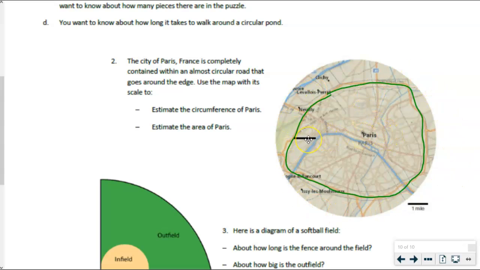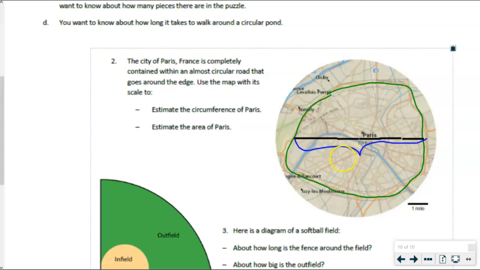For example, how many of these does it take to go all the way through to the other side? Notice I'm not going from edge to edge of the image, I'm going edge to edge of the road. So it looks like 1, 2, 3, 4, 5, 6. Looks like the diameter is about 6 miles.